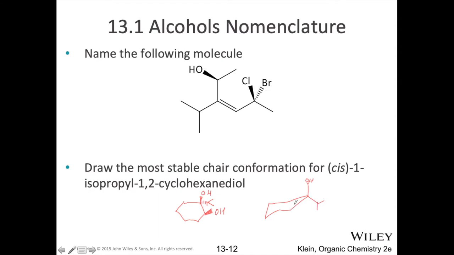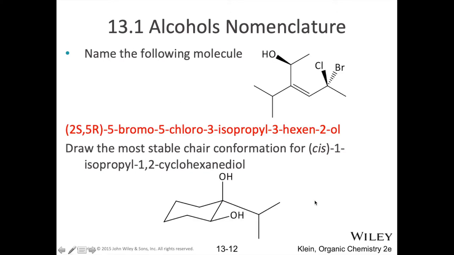But that then also means that this alcohol group would also be equatorial, right? Because if this is a down carbon with an up alcohol group, this will be at the equatorial position. So something like that.